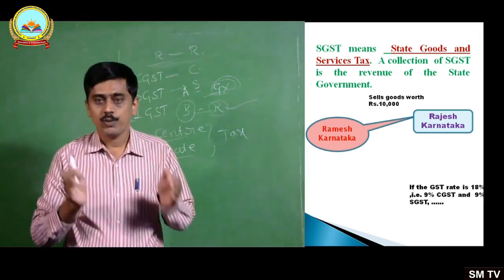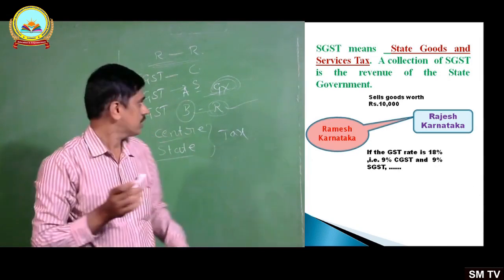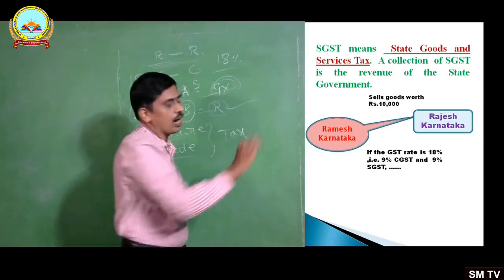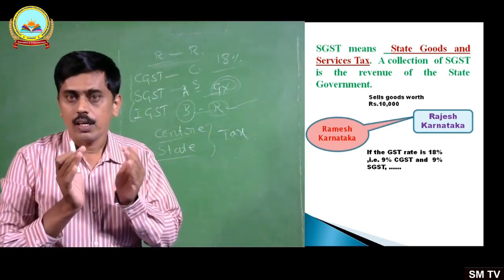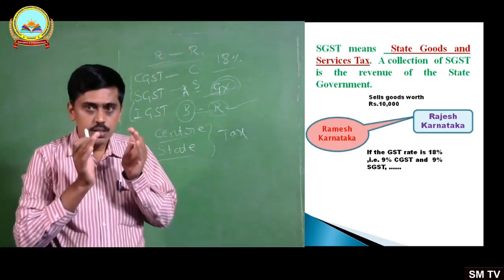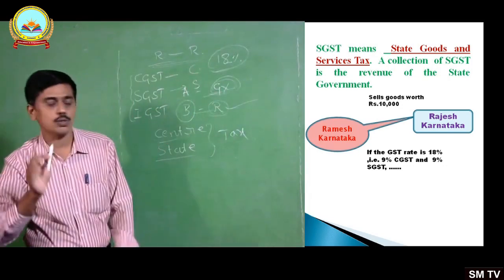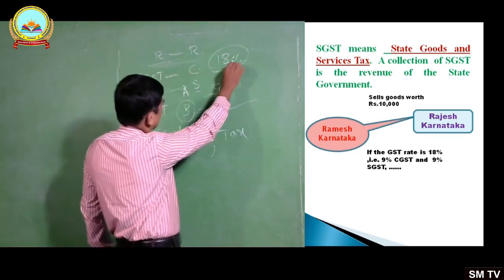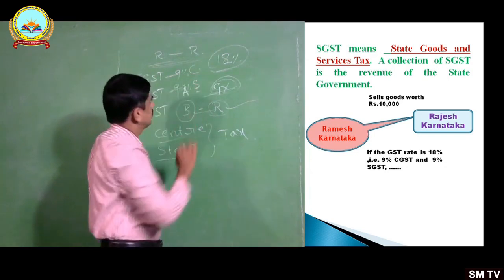Then if the GST rate is 18%, how 18%? Two GSTs, central GST and state GST. So there are two components. If GST is 18%, it includes two components. One is CGST, total is 18%, then it may be 9% and 9%, assume.